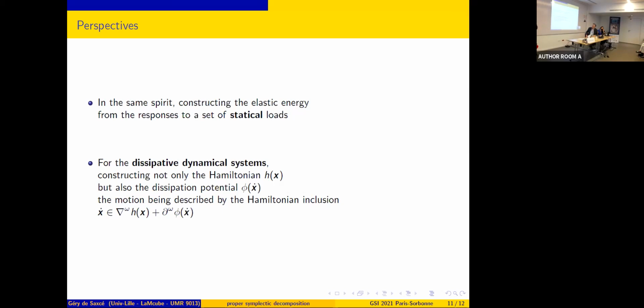And so we have to construct not only the Hamiltonian, but also the dissipation potential, phi, depending on the generalized velocity. And in this case, the motion is described by a Hamiltonian inclusion, because phi is not necessarily differentiable. And so we have to generalize derivatives, using the subdifferential.